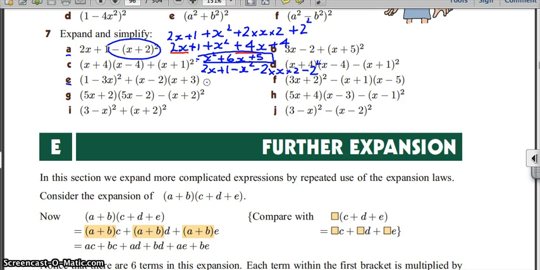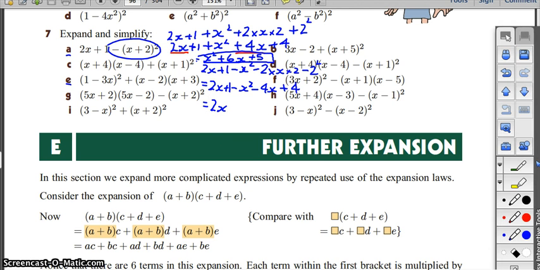Alternatively, let's see if it might be this. 2x plus 1 take x squared. So negative 2 times 2 is negative 4x. Negative 2 times 2 times x, yep. And then negative 2 all squared might be positive 4. Okay. Looking again for our like terms.